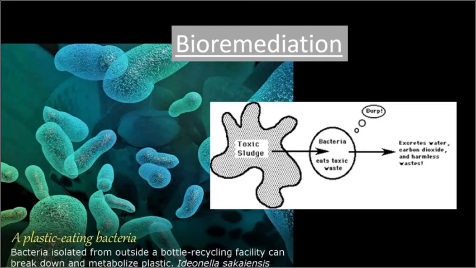The bacteria will eat the organic parts of the oil and break it down, and the waste that the bacteria gives off is totally harmless to the environment. It's things like water, carbon dioxide, things like that. The picture you see on the left is something that's new, and that is actually there is now a bacteria that is able to break down by eating plastic.